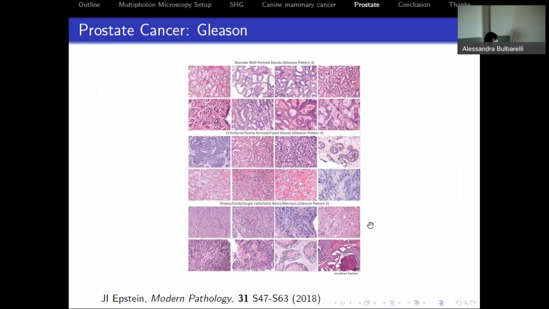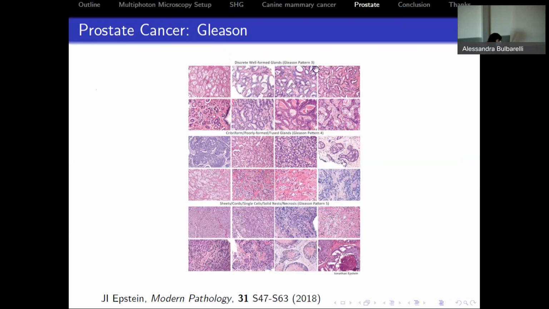And now I'm going to show just a little bit more of the results we obtained with prostate cancer. That's human prostate cancer. And now I'm going to say a little bit more about the classification patterns, which is based on these Gleason features, which classifies the tissue in different 5 grades.